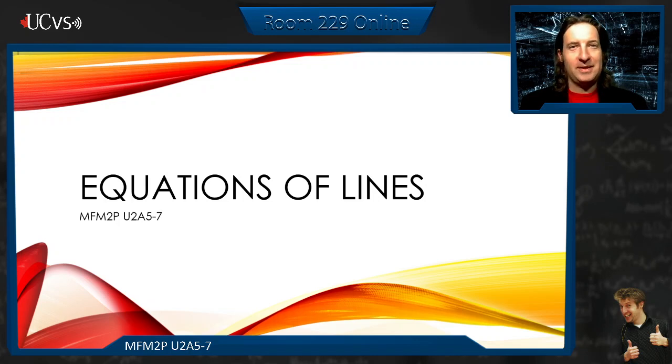We're going to do things a little differently this week. Previously I made a video for each lesson activity. This time, since all three are very similar and just variations on a theme, there's only going to be one video this week, for activities 5, 6, and 7. Everything is based on equations of lines.